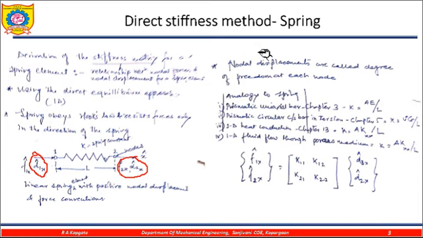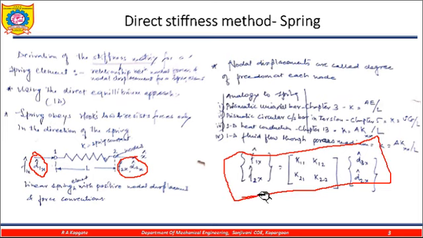And we are interested to find our simple formula, that is F is equal to K into D. So this is the formula we need to derive. But when we are looking at the bar, that time the bar has AE upon L, to be multiplied into this equation.